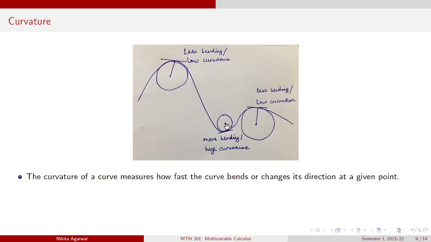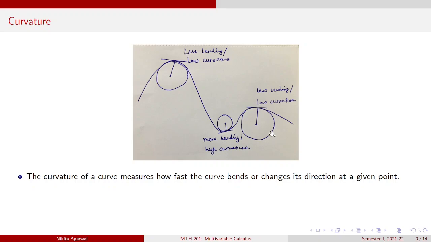If you look at the middle one, you bend very fast on this curve, right? So there is more bending, and more bending means high curvature. Curvature is the measure of how much you're bending. So if you're bending more, you will have higher curvature.